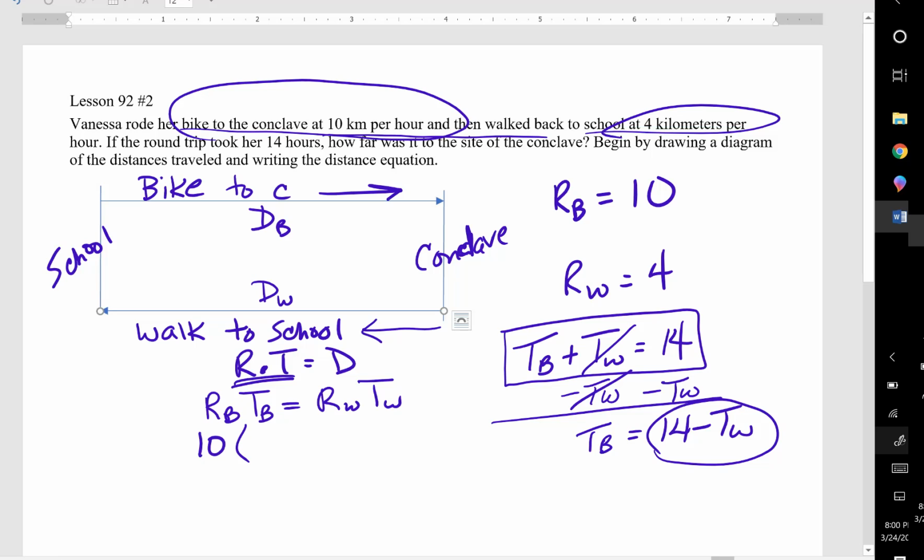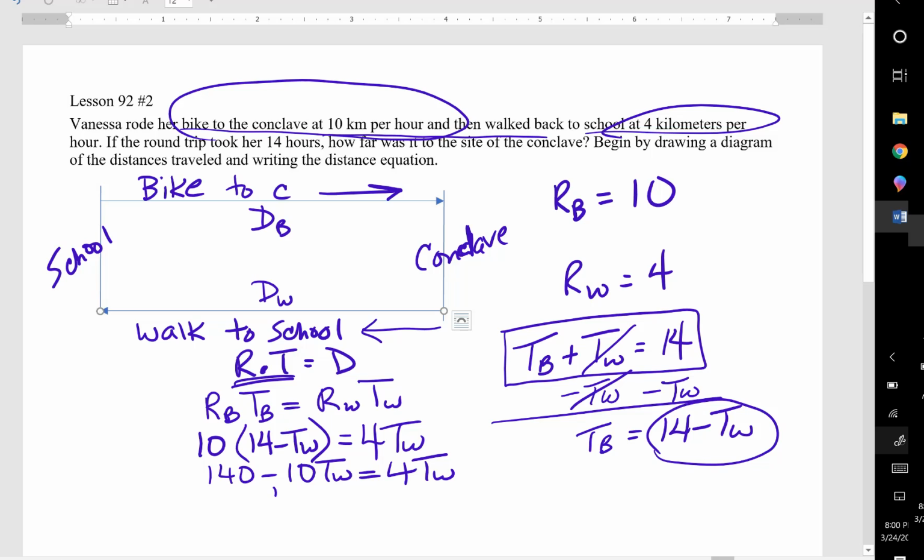So I'm going to use this here for my t sub b over here. So I'm going to put parentheses because I want to multiply that rate times the whole thing, 14 minus t sub w. And then on this side, I know that the rate walking is 4, and the time walking is just t sub w. All right, so now I have one equation in one unknown, so I can solve it. I'm going to distribute that 10, so I'll have 140 minus 10 t sub w equals 4 t sub w.